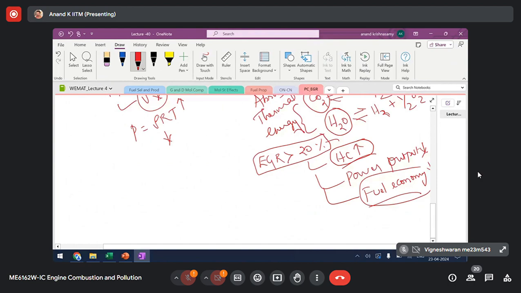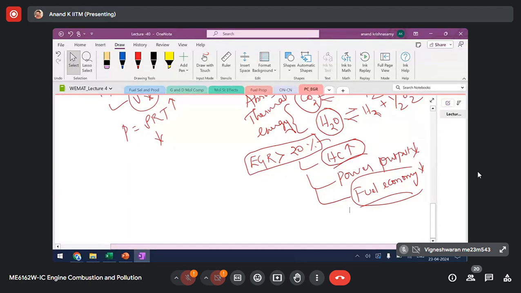Okay, sir. Will this impact diesel engine more, correct, sir? Both SI and CI engine. Okay, sir. SI engine, why? Because oxidation rate will come down because there is a drop in temperature, right? Yes, sir. Compared to diesel, petrol, the temperature is already more. If you don't use EGR, the temperature will be more.